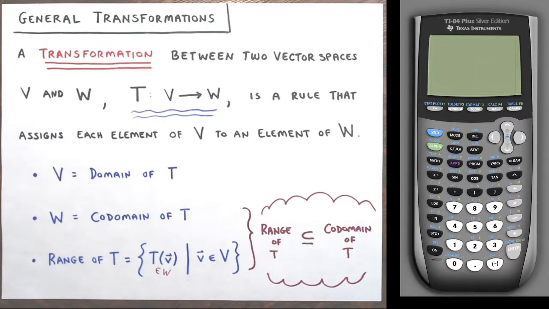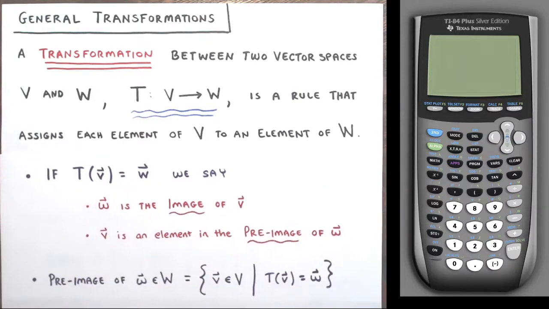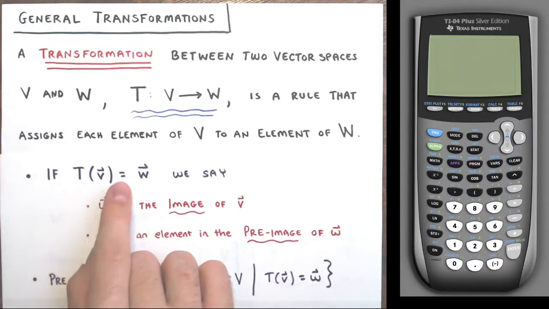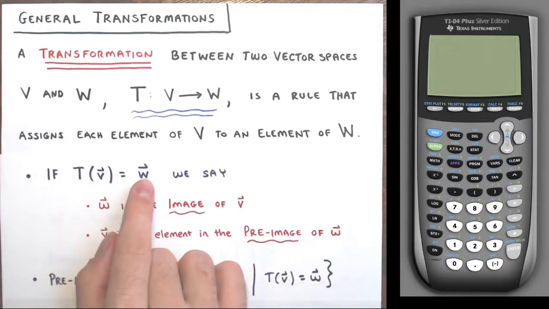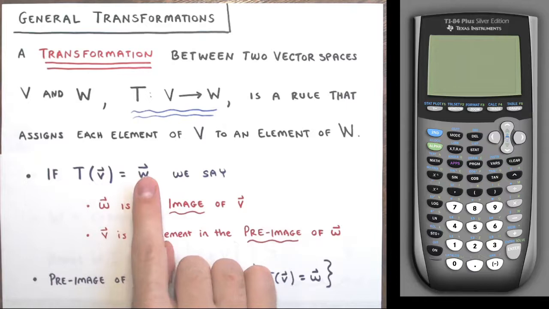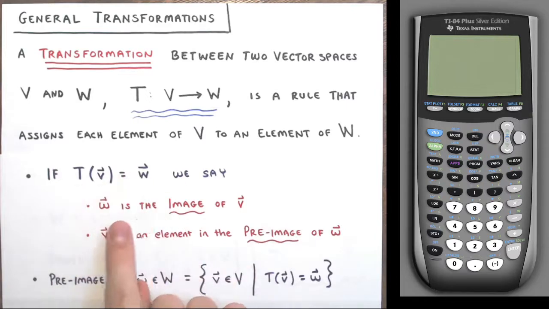Okay. Then some other terminology that came up when we were talking about transformations between Euclidean spaces. If we plug in an input V to the transformation T and get output W, and this is from vector space W, the codomain, we would then say that W is the image of V. All right, I guess I should add to that.